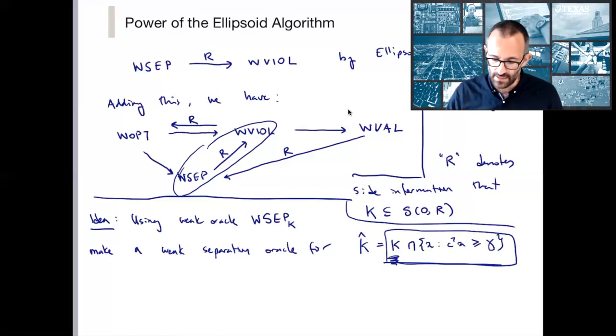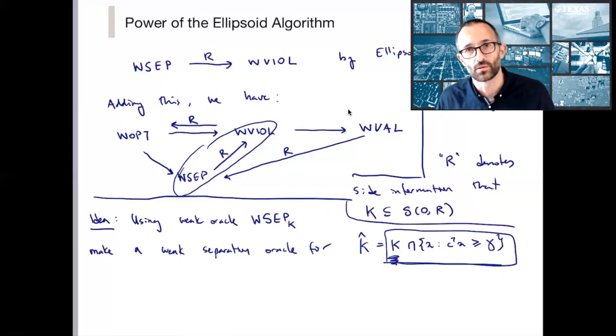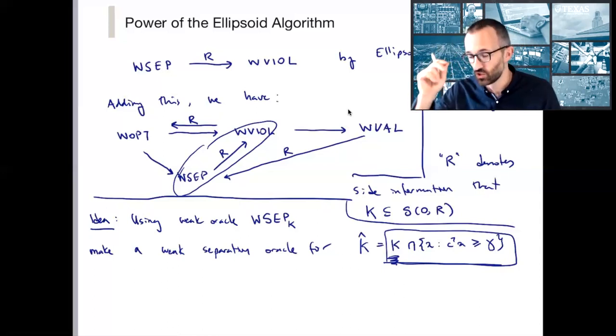Okay, so this is the idea: if you're given a separation oracle for K, it's easy to then create a separation oracle for the intersection of K and an additional half space. And now once we have a separation oracle for the set K hat, we're home court for the ellipsoid algorithm. The ellipsoid algorithm will either tell us that the set is empty, in other words, C transpose X is indeed less than gamma for everything in K, or it will find a point that is in this set, which is exactly what weak violation asks for.